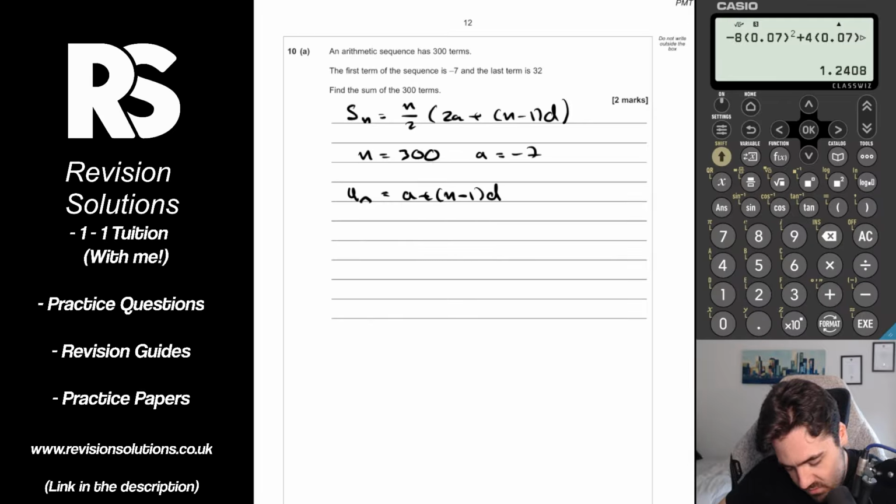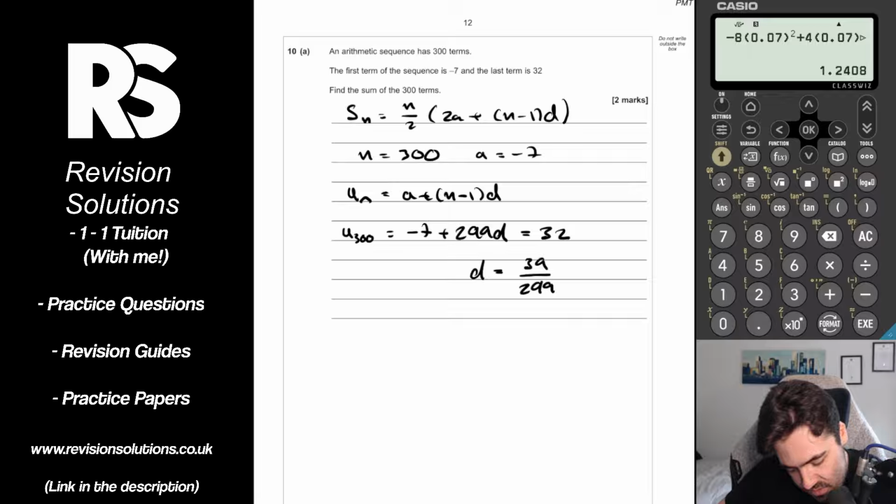And we know the 300th term, u300, would be minus 7 plus 299 lots of d, and we know that's equal to 32. So d then must be 32 plus the 7, that makes it 39 over 299.